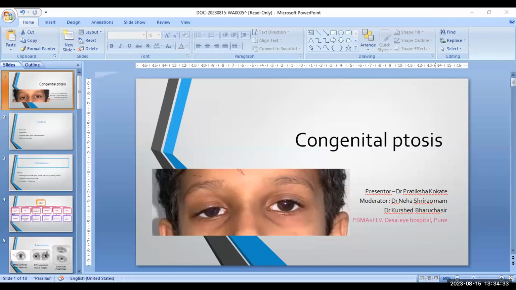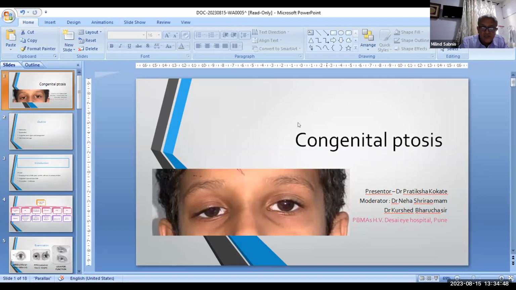Slideshow. We are not seeing the timer. Full screen, please use the slideshow mode.